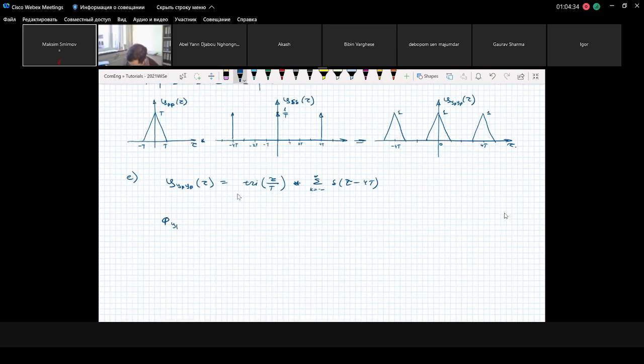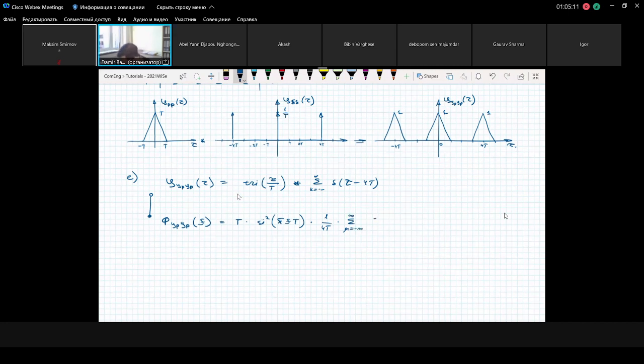Now we calculate the power spectral density. For the triangular pulse shape, we have T times sinc squared of pi f T, and for the sequence of delta pulses, we have 1 over 4T times the summation, mu goes from minus infinity to infinity.